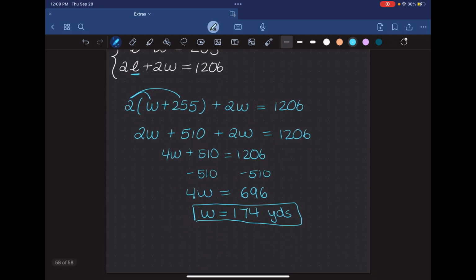So our length is going to be equal to 174 plus 255, so our length is equal to 429 yards.